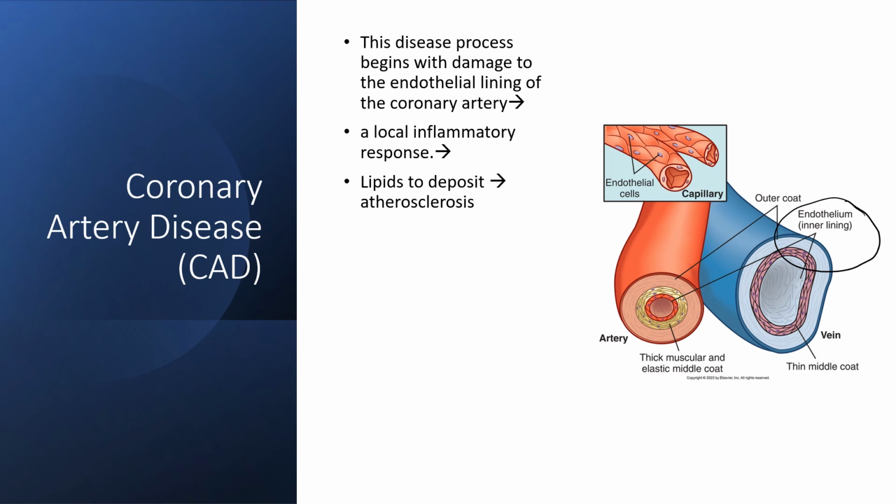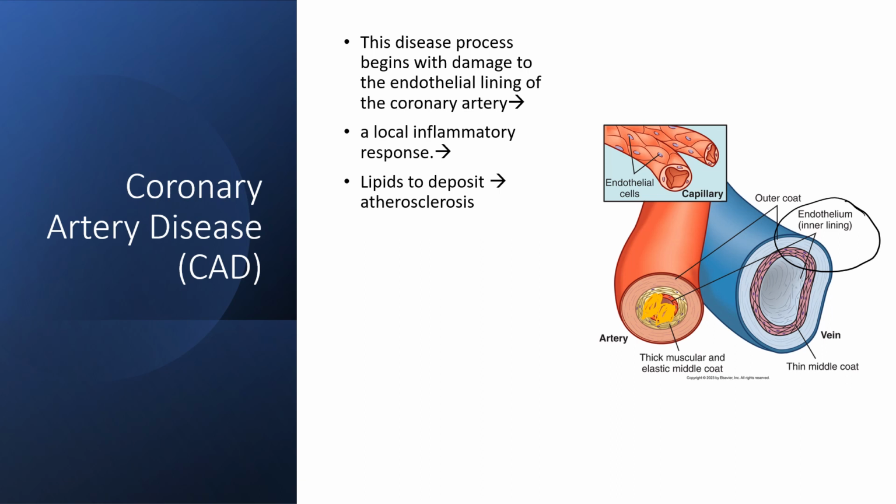And as a result of this local inflammatory response, we're now going to have lipids that will start to deposit within the lining of these coronary arteries. So inside the lining, you're now going to have a buildup of lipids that will, as we saw a couple of slides back, start to cause narrowing of the lumen of the coronary arteries.